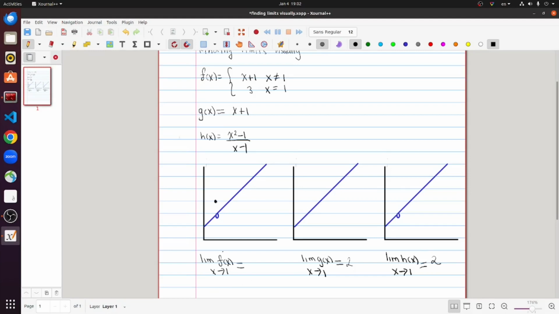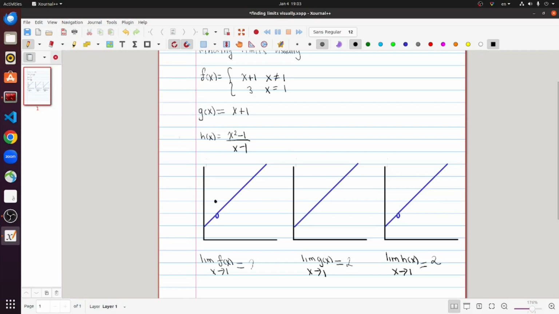What is the limit of f of x as x approaches 1? This is also 2, right? Because as we get closer to the point from either side, we see that we're reaching 2. We don't care that the value of f of x is 3 when x is equal to 1. We just care what happens as we approach. So the limit for this one is also 2.